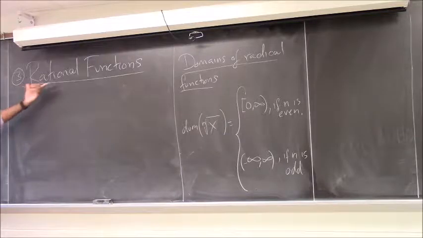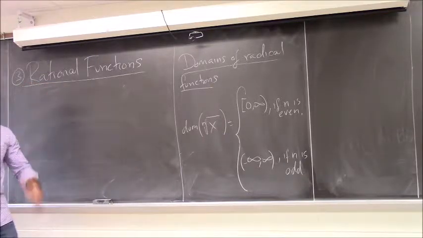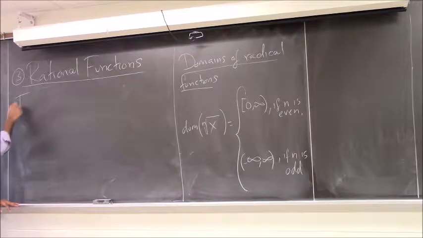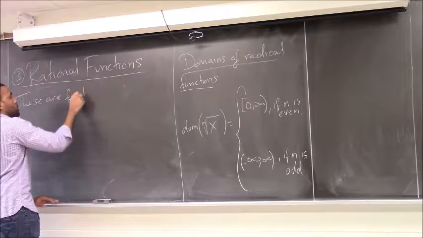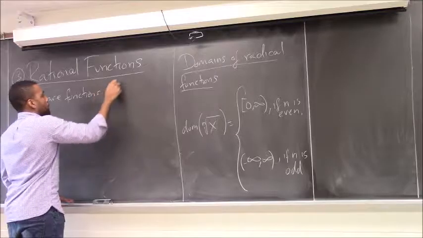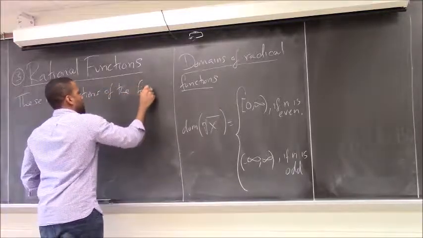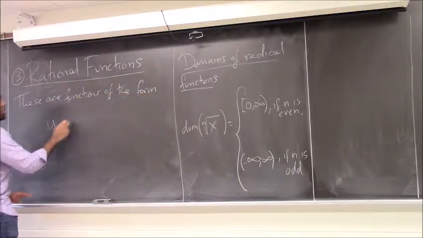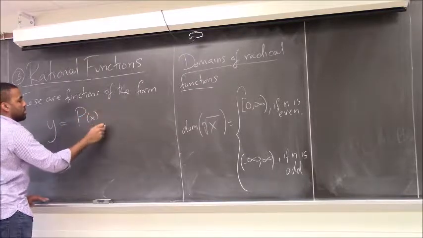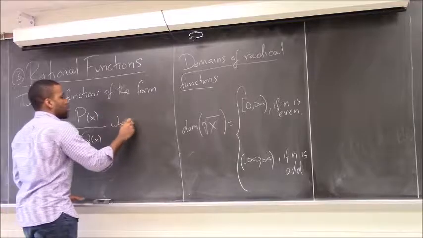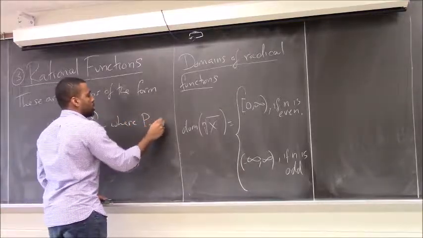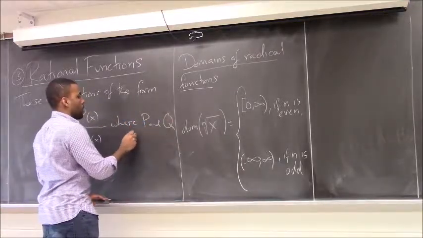Exactly. Rational actually comes from the root word ratio, which means you're dividing things. So these are functions of the form y is equal to p of x divided by q of x, where p and q are polynomials.